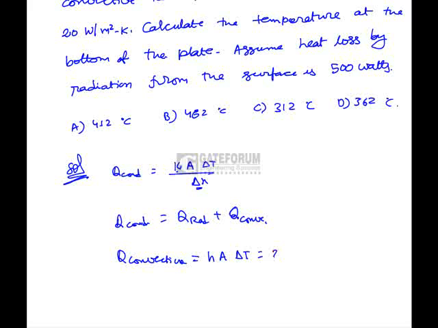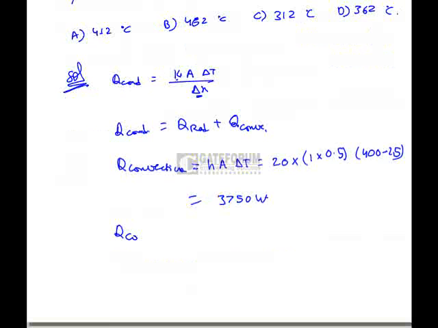So it is equal to 20 into the area of the plate, 1 into 0.5, and the temperature difference is 400 minus 25, which gives a value of 3750 watts. Now the total heat transfer is equal to 3750 plus 500 watts radiation, which is equal to 4250 watts. Now substitute all the values in the conductive heat transfer formula.